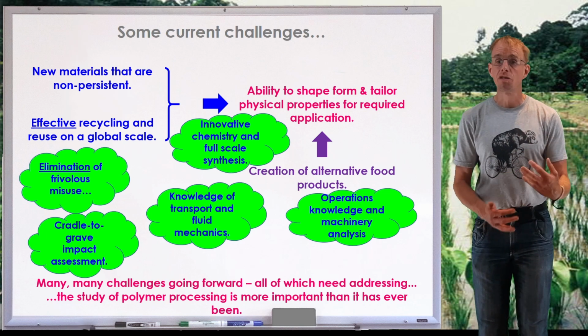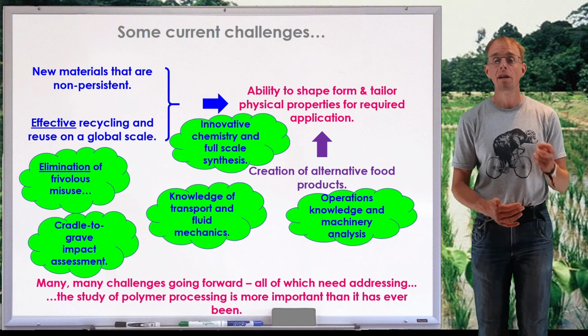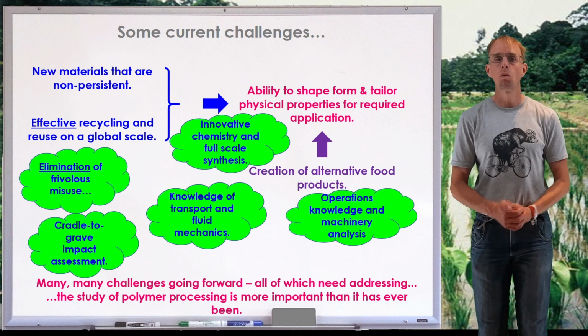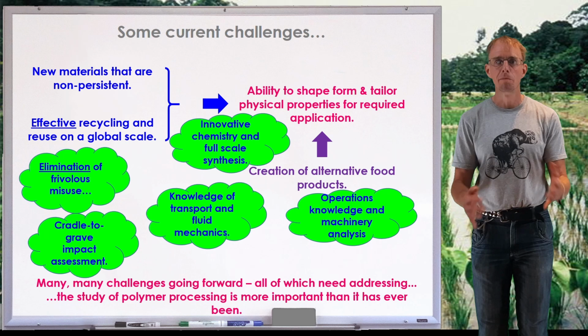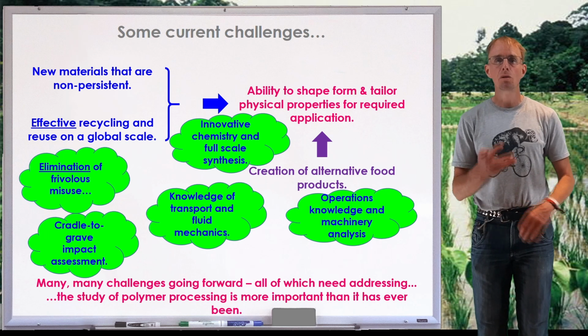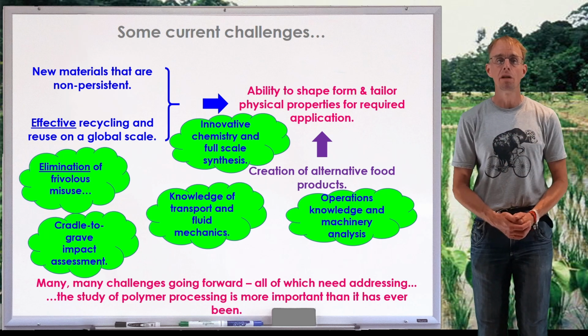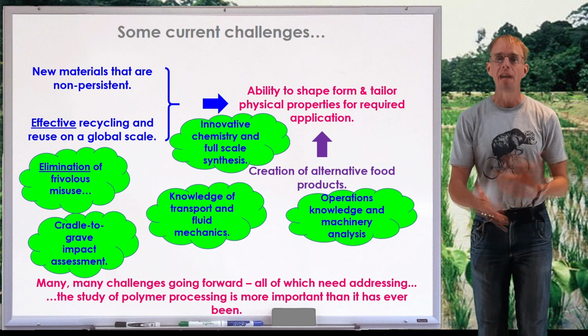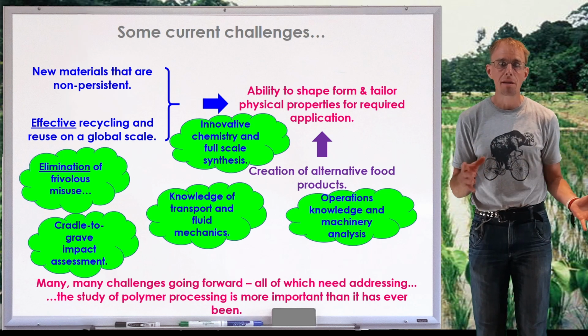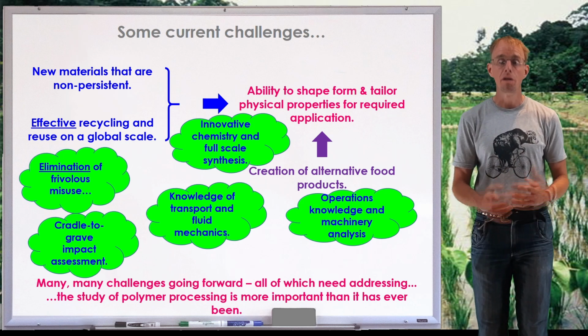It's a good first step, but is not necessarily the full steps that are required to address the environmental burden that we've got. So elimination of frivolous misuse will go some way. And of course, we need to understand what the impact assessment is in terms of a life cycle analysis of the materials that are out there at the moment.